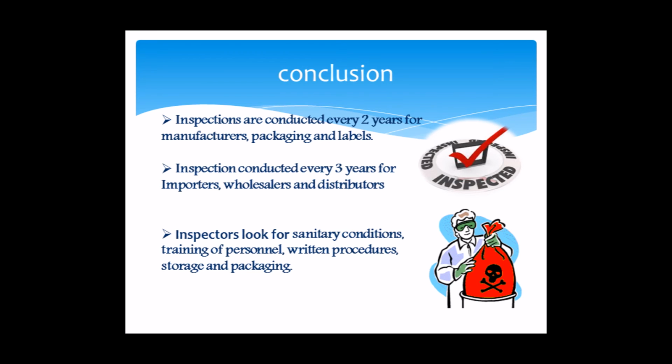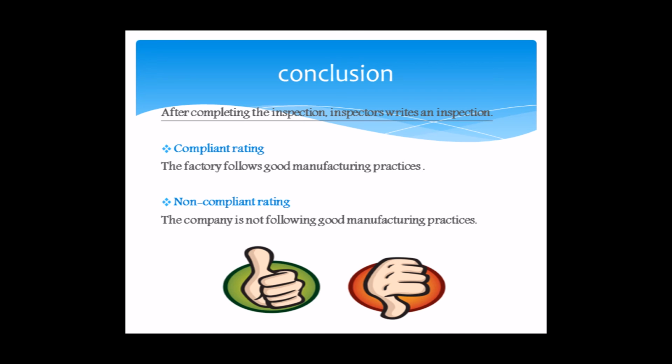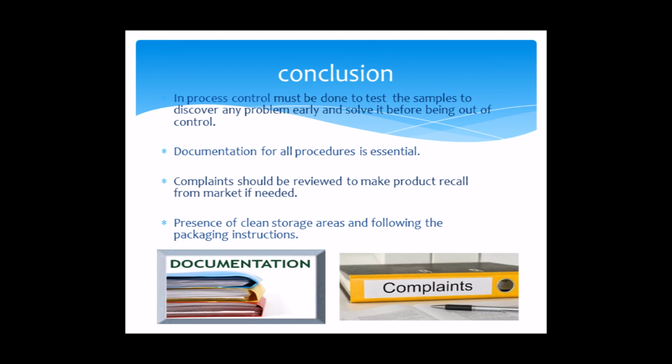Inspectors look for sanitary conditions, training of personnel, written procedures, storage, and packaging. After completing the inspection, inspectors write an inspection rating: compliant means that the factory follows GMP, but non-compliant means that the factory is not following GMP.